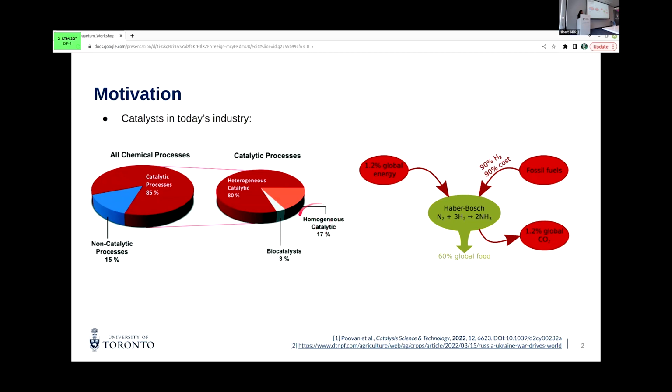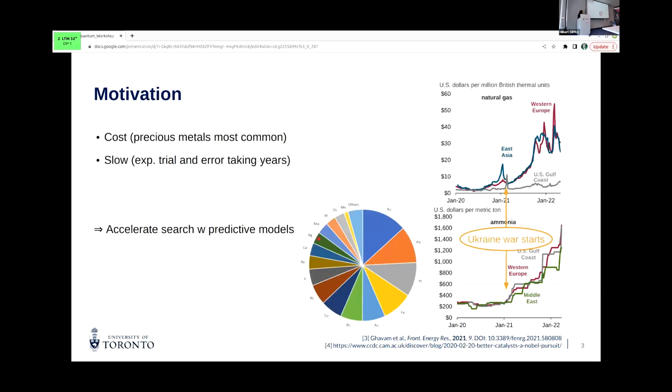Homogeneous catalysis is the case where all the reactants, products, and catalysts are all in the same phase, so all gas or all liquid. And it's very popular, but Hammett hasn't been used to predict the binding energies for homogeneous reactions yet.